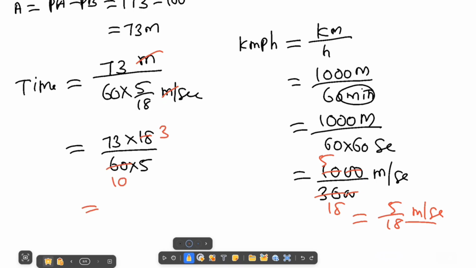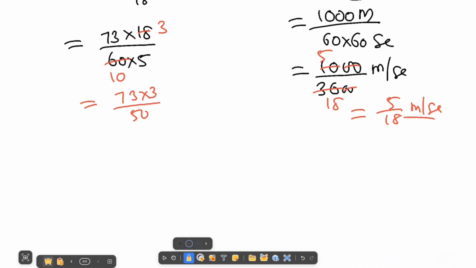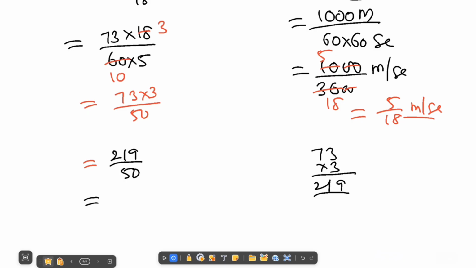Now it becomes 73 into 3 by 10 into 5, 50. So what is 73 into 3? 219 by 50. So if you divide 219 with 50, what do we get?